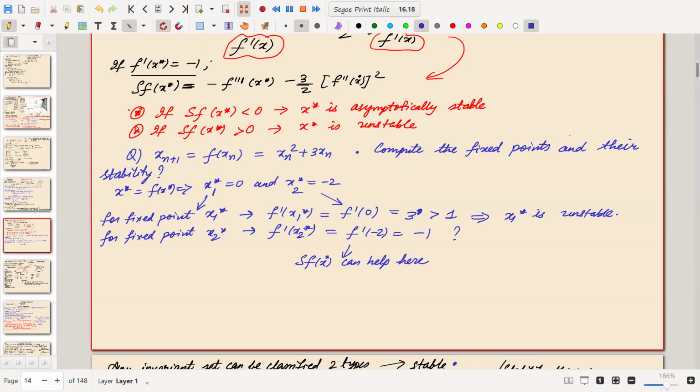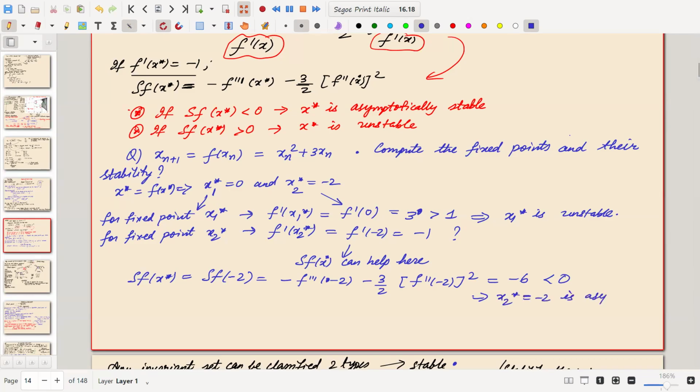SF at x star equals -2: you compute minus triple derivative at -2 minus 3/2 times f double prime at -2 squared, which comes to -6, which is less than 0, and therefore x2 star equal to -2 is asymptotically stable.